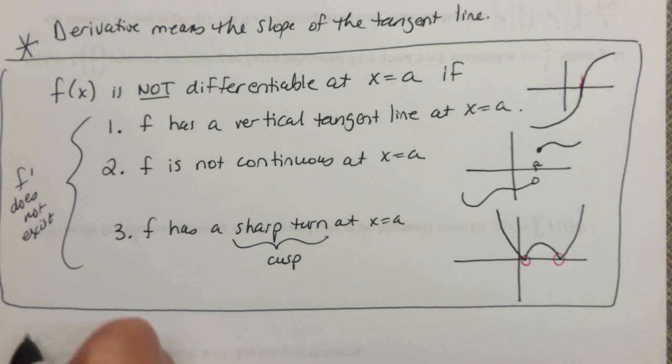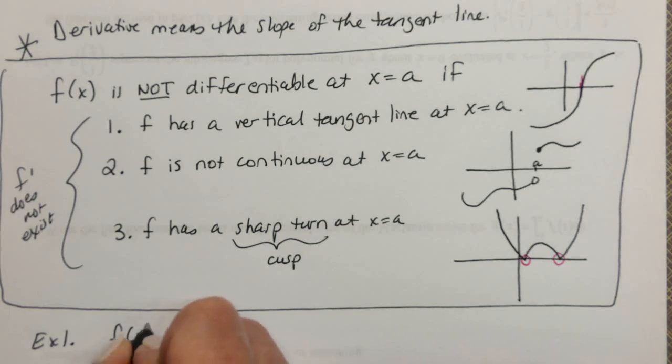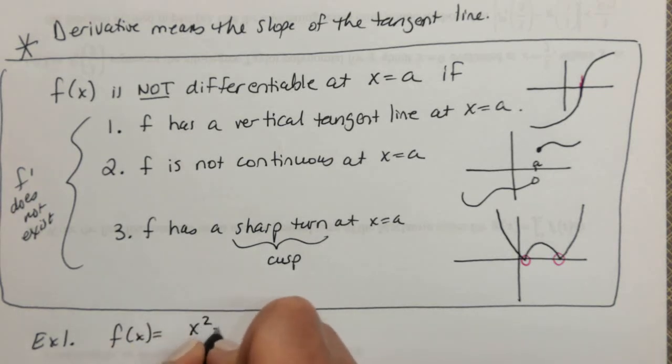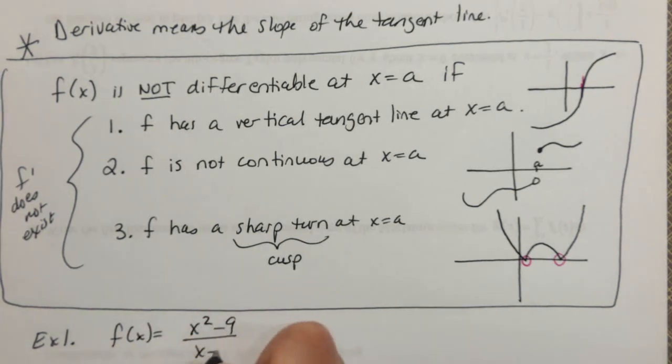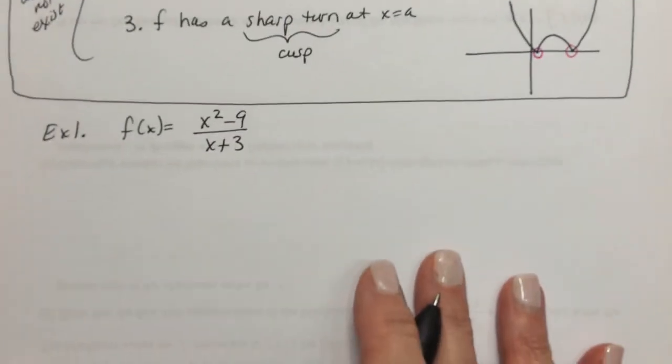Okay, so example 1. Let's say that f of x is x squared minus 9 over x plus 3. Okay, get to where you can see this.